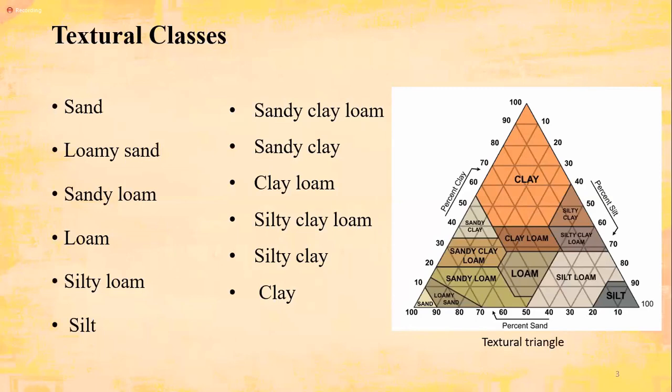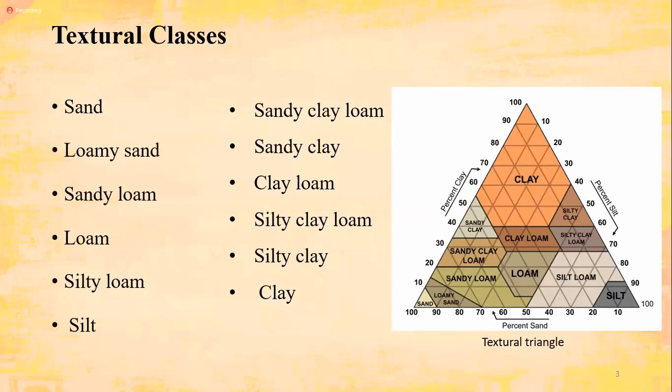Right, so you can easily score some marks in your spot examination. So we will just place this triangle and we will ask what is the purpose of using this triangle, what will we do and how to find out the texture by using this triangle.